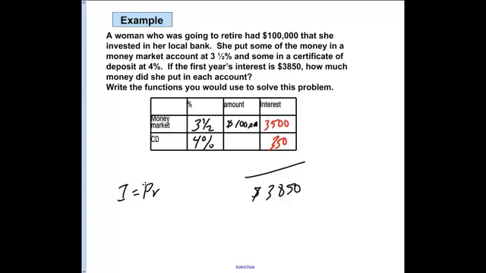We actually solve this in terms of P, to figure out the principal amount. So we divide by R, so we get I over R, and if we do that, we get 8750. So we're basically filling in the blanks to determine how much money she's going to have to invest there.